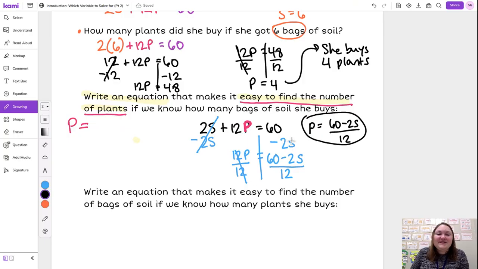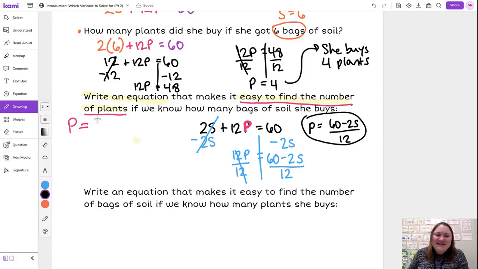And you could use this equation anytime you know s, if you know the bags of soil and you want to know p. So for example, this question we did above with 6 bags, I can do that again using this new equation. This equation is equivalent, so it should give me the same answer.